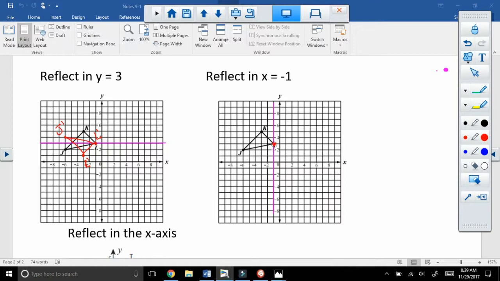And L just happens to be right on that line again, so that point doesn't move. Because K is 2 points to the left, you need to go 2 points to the right of that line. And be careful, sometimes kids go to the axis or something. Make sure you're going to the line you're doing the reflection in. And then for J, it's 1, 2, 3, 4, 5 points away from that line. So you just go 1, 2, 3, 4, 5 points to the other side.